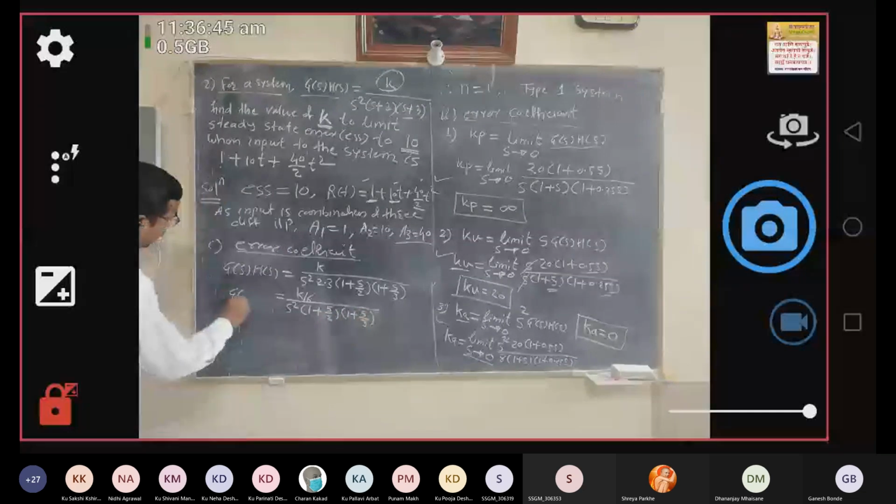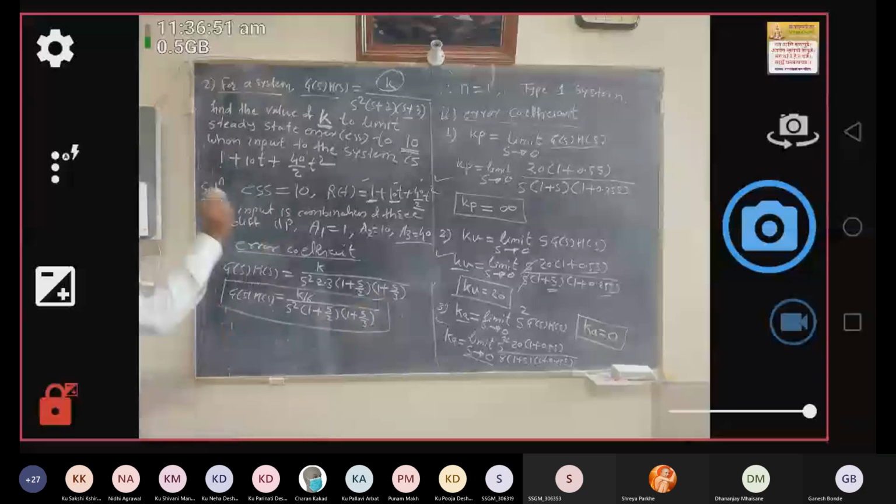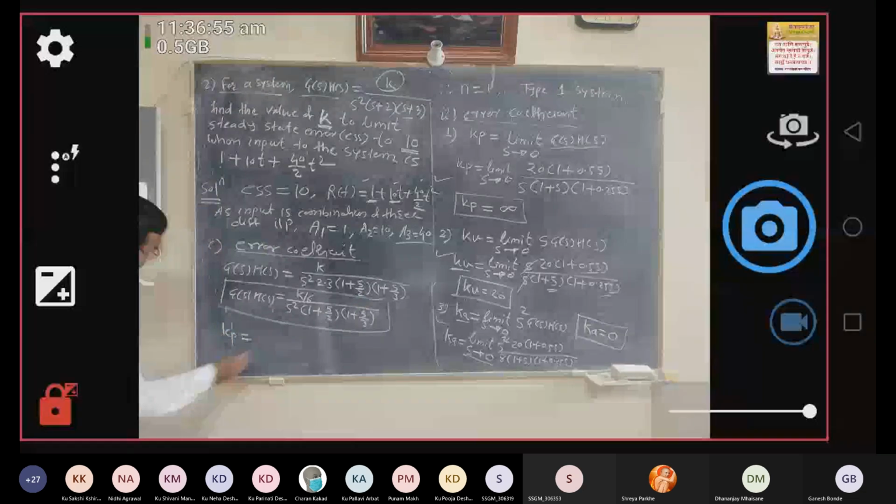So this is your g of s into h of s in the time constant form. Okay, so now find the value of kp, error coefficient. Use the formula limit s tends to 0, g of s into h of s.